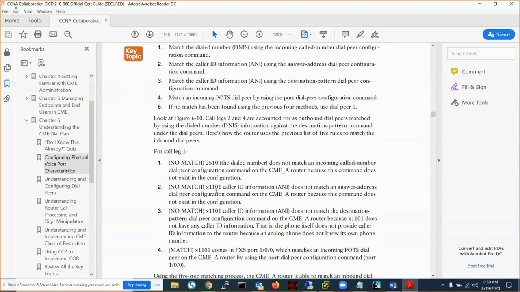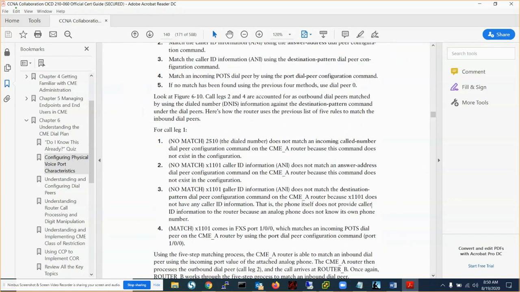Second, the 1101 caller ID information: 1101 will send us caller ID that does not match the answer-address dial peer. We do not have this command under the dial peer either, so there's no match, and it will try the third method, which is that the 1101 caller ID information does not match the destination pattern dial peer.